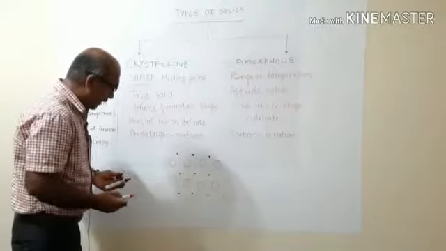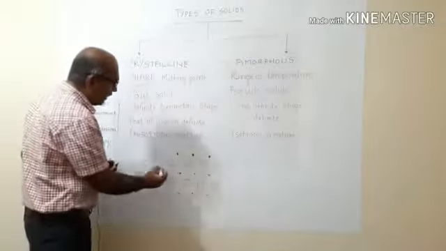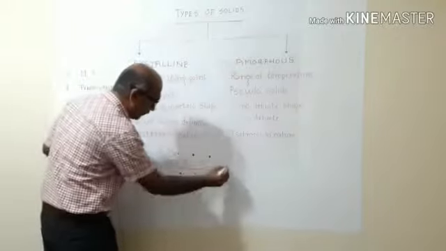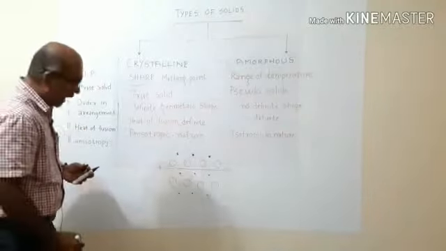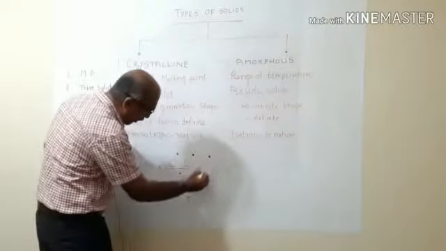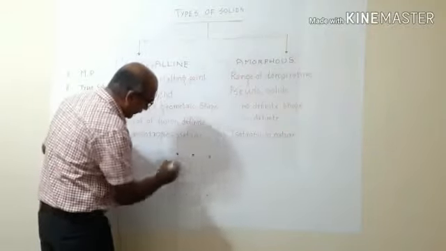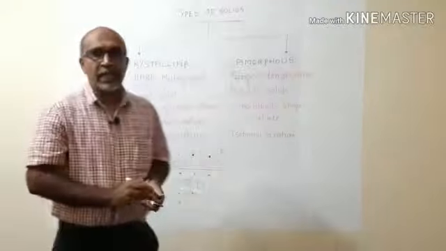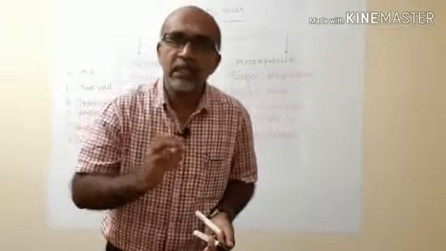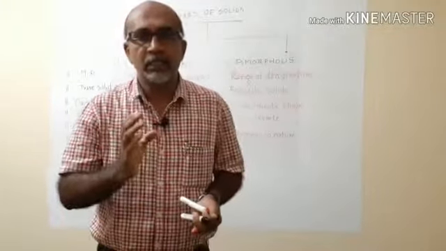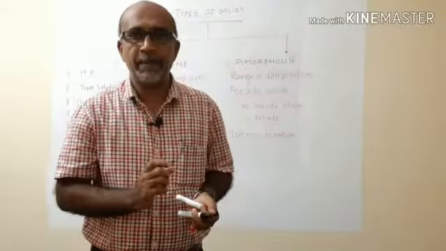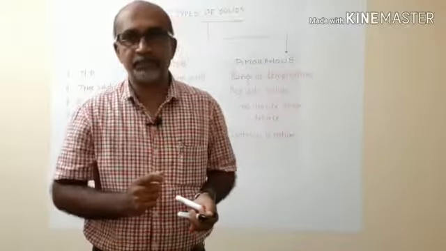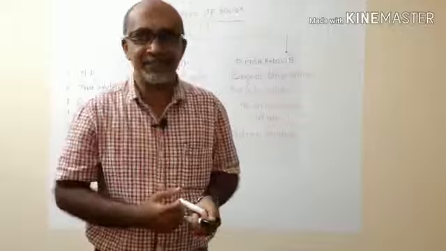If I draw one direction here, consider it AB, and another direction, B and C. The anisotropic nature of crystalline solids means that physical properties like refractive index and electrical resistance are different with respect to different directions.